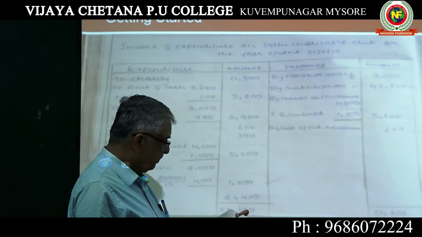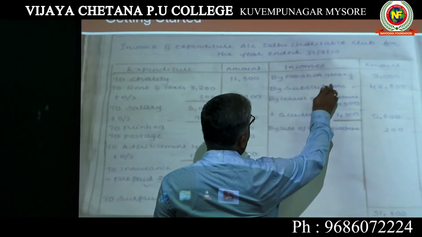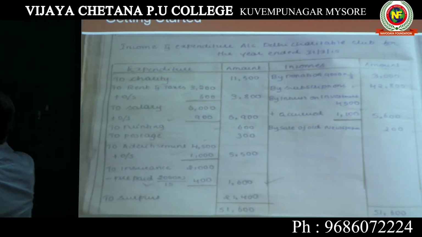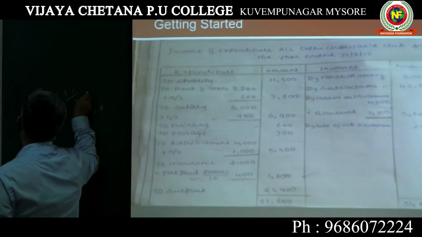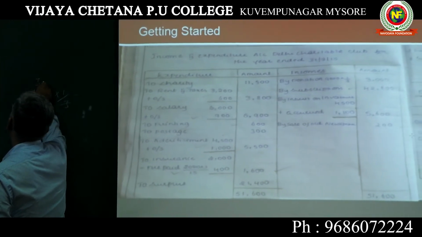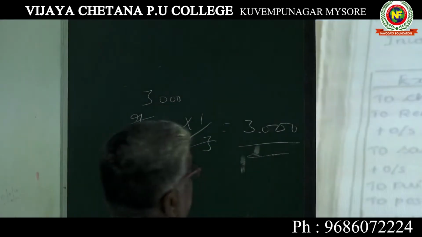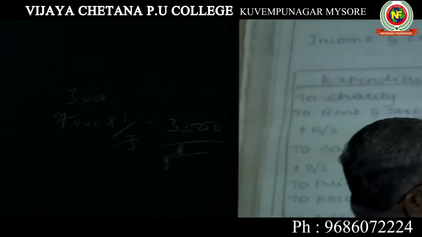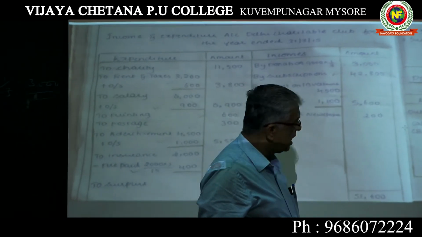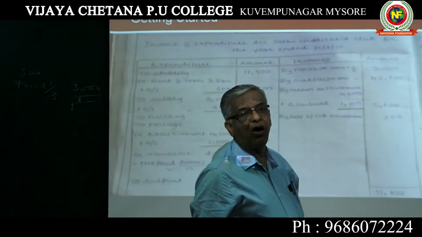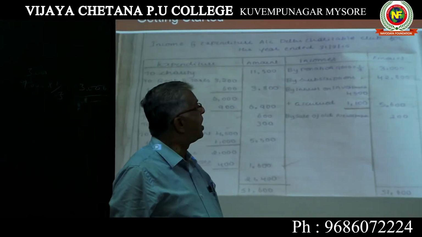The donation amount given is 9,000. 1/3 of 9,000 comes to 3,000, and we have to treat that as revenue income. The balance should go to the balance sheet, that is, it has to be capitalized.